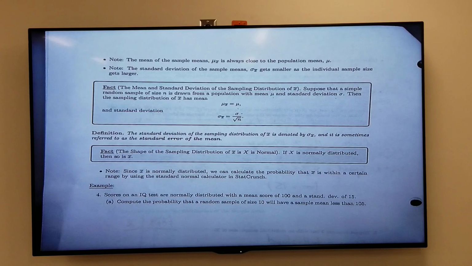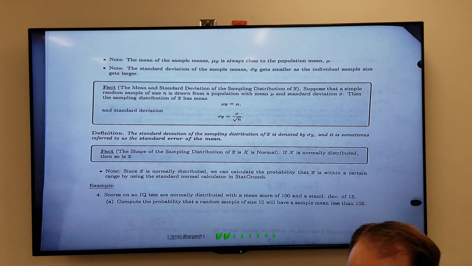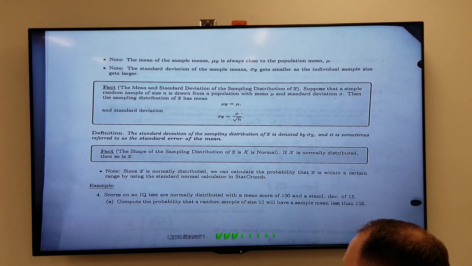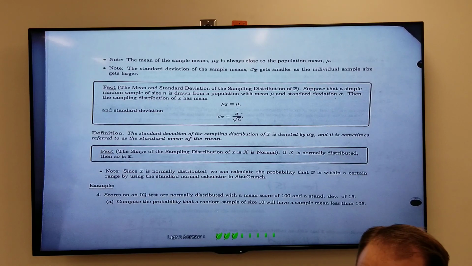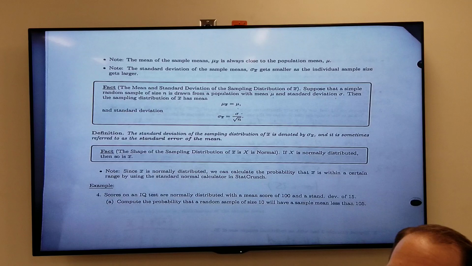Okay. So we can use that information to compute some probabilities involving x bar. If you remember back to when we first started this discussion, we said the whole reason that we wanted to be able to describe the sampling distribution of x bar is so that we could compute probabilities involving x bar, right?